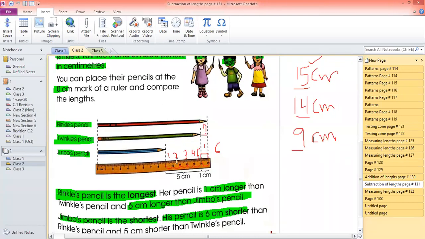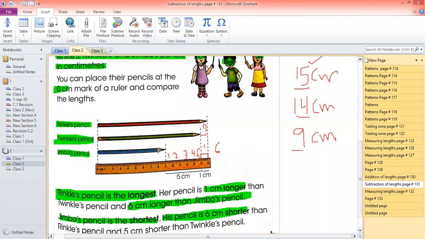You need 1, 2, 3, 4, 5, 6, so 6 centimeter to have the same length as Wrinkle's pencil. Jimbo's pencil is 6 centimeter shorter than Wrinkle's pencil. Or in other words, Wrinkle's pencil is 6 centimeter longer than Jimbo's pencil.